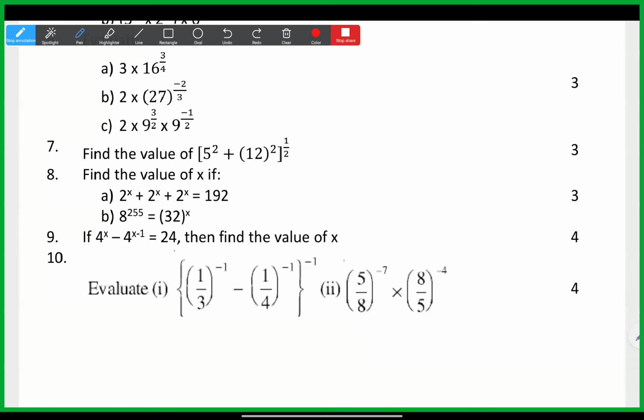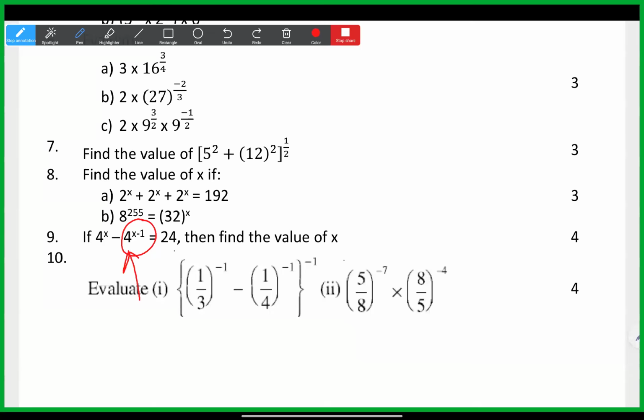Aisha, this is looking like which law? Two numbers with the same base and a subtraction in the power. Is there any law with subtraction on the top? Sir, a power m by a power n equals a power m minus n. Yes, Aisha, this is looking like a power m minus n, no? Yes, sir.